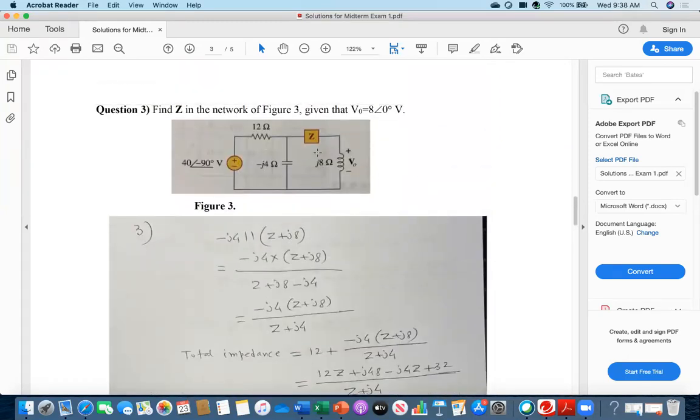I calculated the current going through the inductor. Because we were given the voltage, that was the same current going through Z, since they are in series.